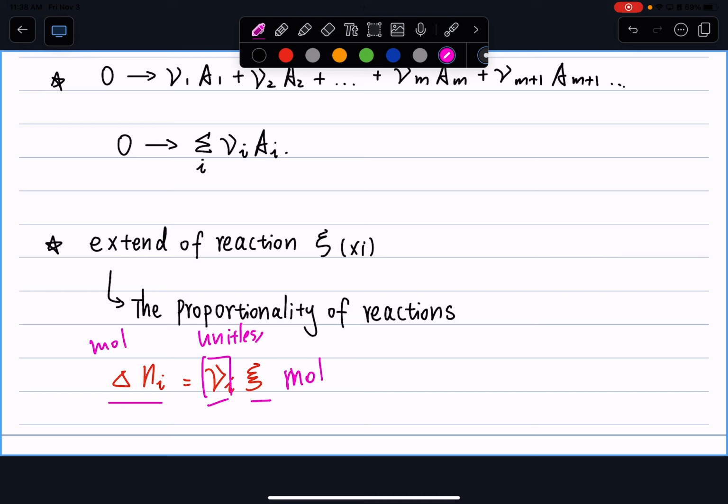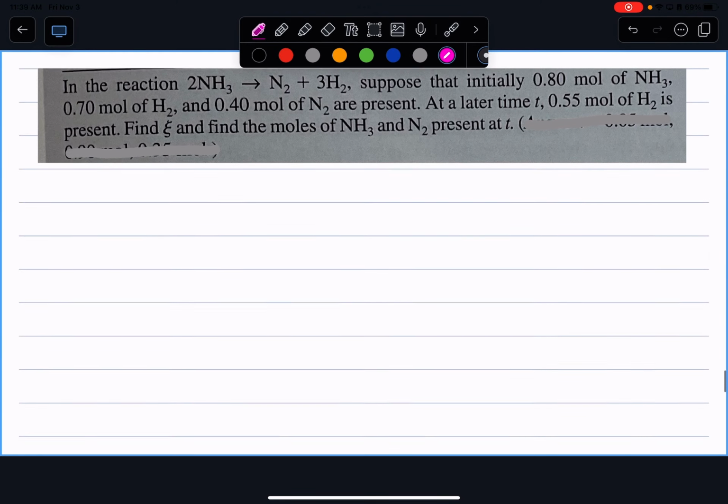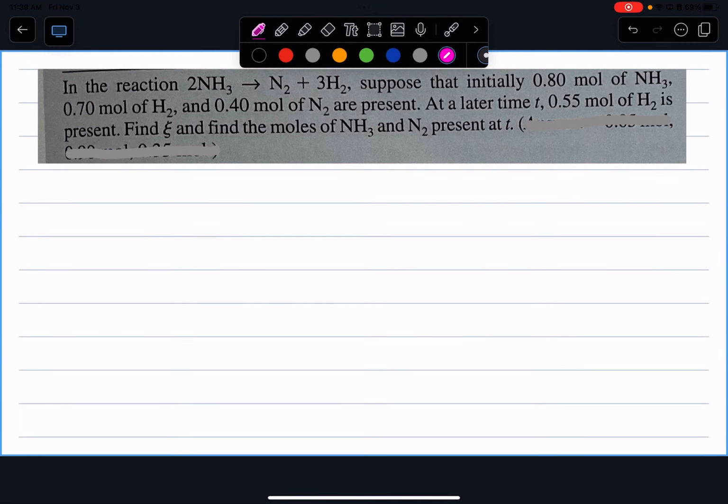Everything on this page looks ridiculously complicated, but let's look at an example. It's actually pretty straightforward. So let's imagine we have a reaction, which is ammonia goes to nitrogen and hydrogen. And suppose we have initially 0.8 mole of NH3, 0.7 mole of H2, and 0.4 mole of N2.